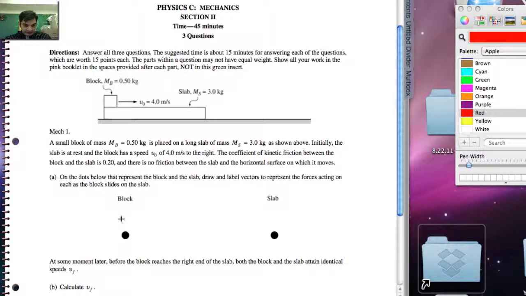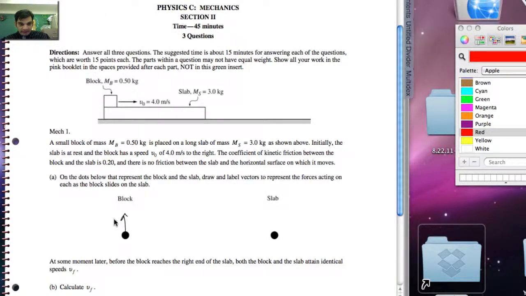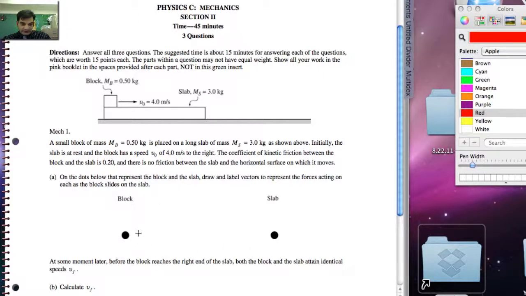First, let's draw a free body diagram of the block. I want to have the normal force on the block due to the slab, and then the weight of the block due to the earth.